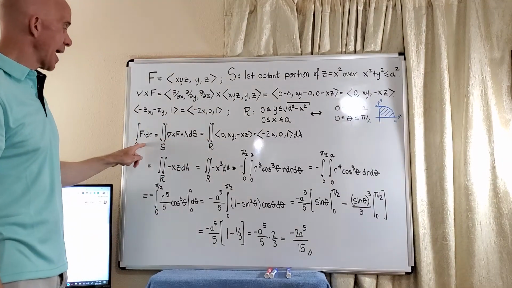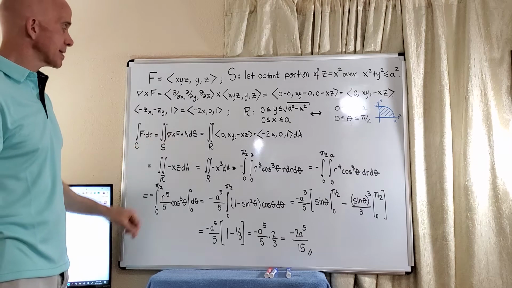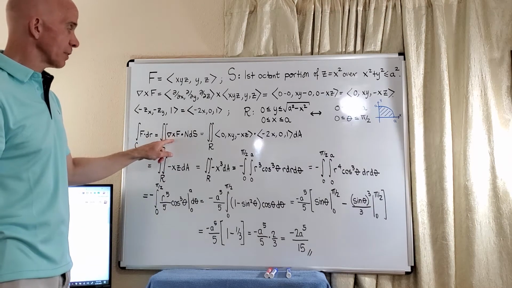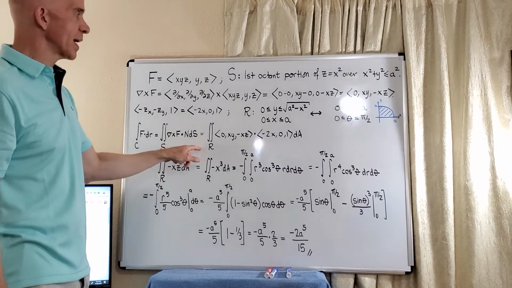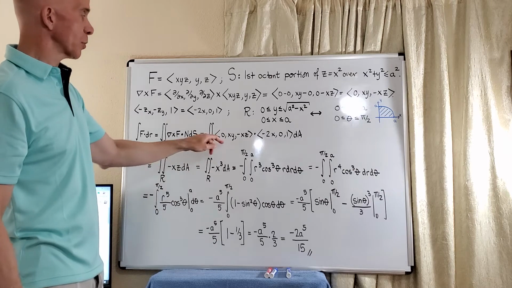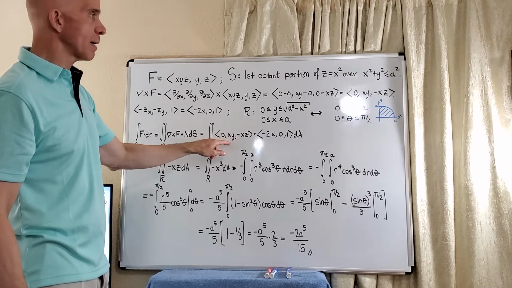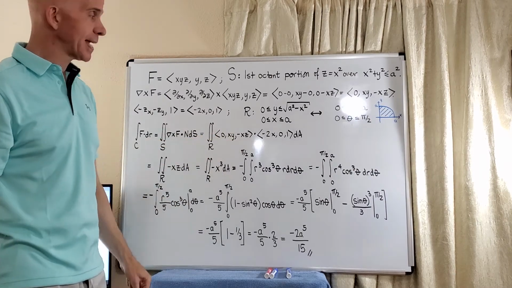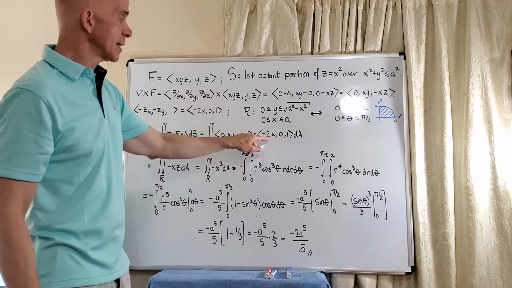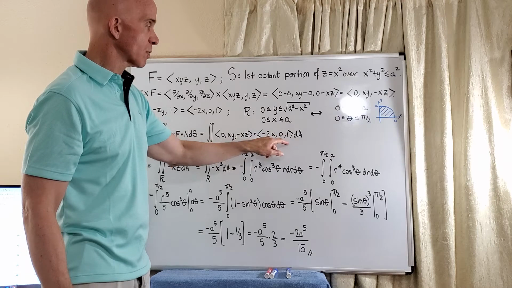Now for the line integral, we will replace that via Stokes' theorem with the surface integral of the curl of f. So we can move to our region R, and we can substitute the curl 0, comma xy, comma negative xz, dotted with our component of the unit normal, negative 2x, comma 0, comma 1.